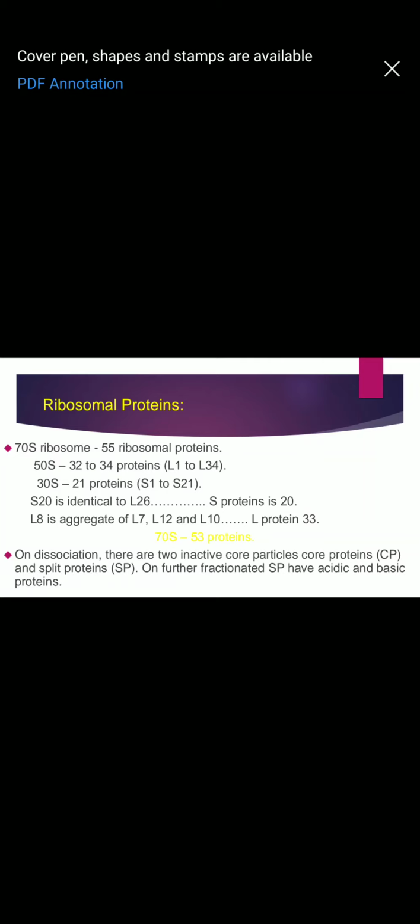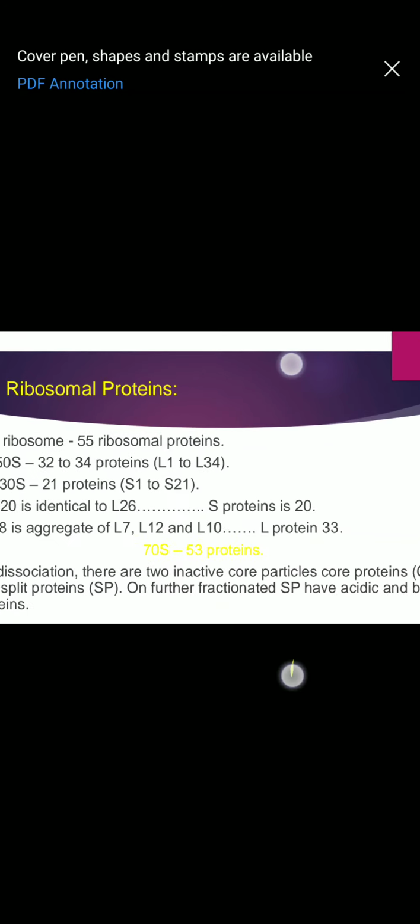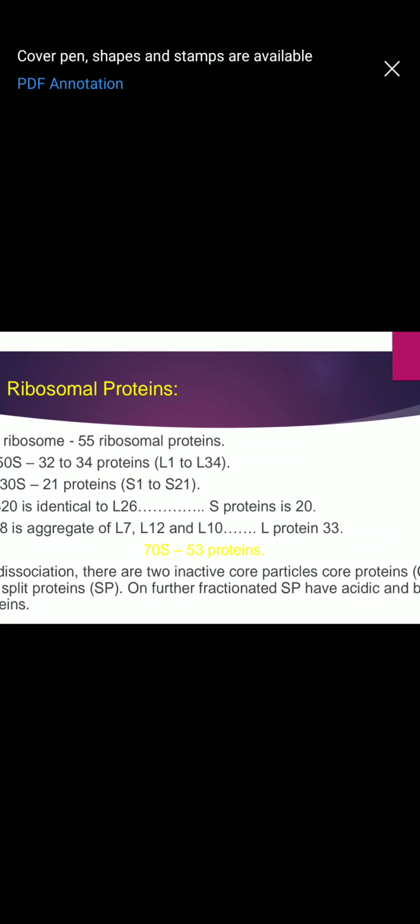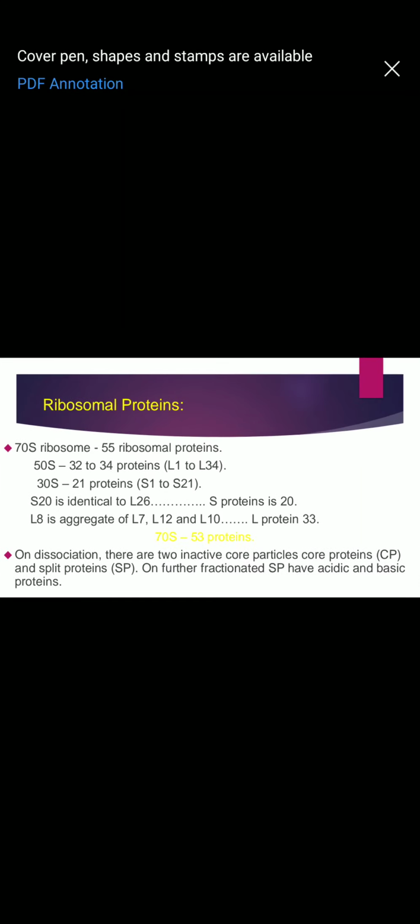It means L8 doesn't actually exist, but it is the aggregate of L7, L12 and L10. So we have to reduce the total by 2, so we are having a total of 53 different types of proteins seen in the 70S ribosomes. One we reduced from the smaller subunit, because that is included in the larger protein. And here we saw that L8 is not a different protein, but it is the aggregate of L7, L12 and L10 protein.